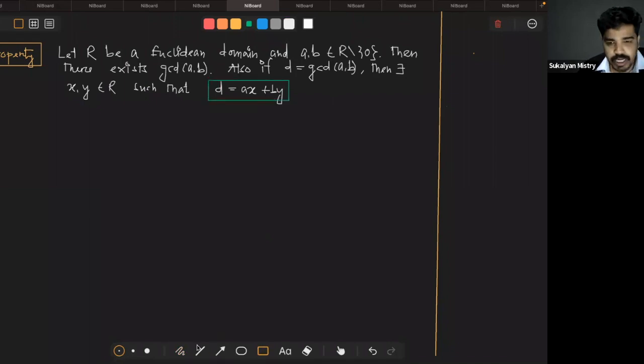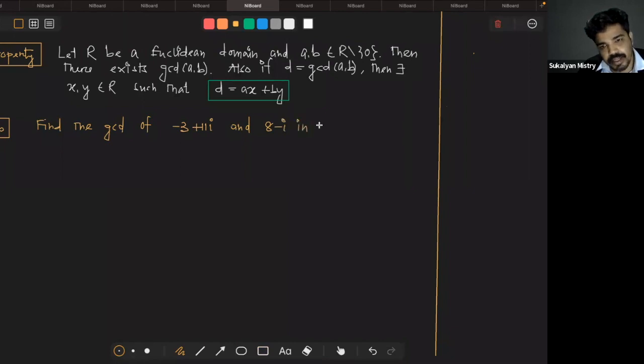Now we consider an example. Write down this example. It is a very, very important example. Find the GCD of -3 plus 11i and 8 minus i in Zi.